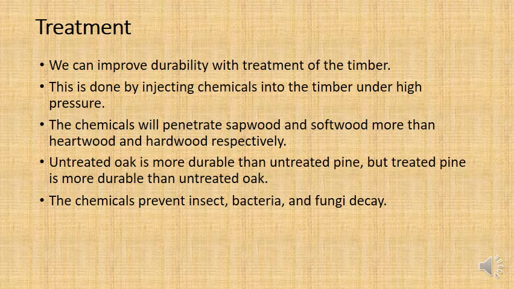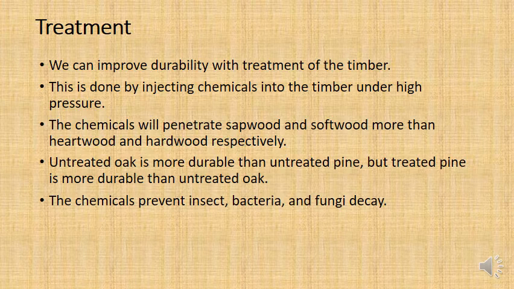But that's okay, because sapwoods and softwoods are the woods which tend to have lower durability because there's less density. And so when you actually inject these chemicals into these woods that would otherwise have low durability, you suddenly give them high durability.